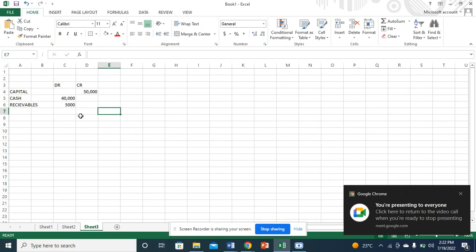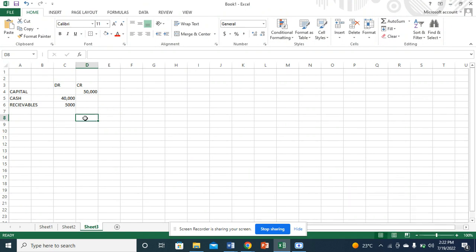Then you find when you tally it up, on your credit side it's 50,000 and on this side it is 45,000. If you've done all your journal entries, you make your trial balance, and you find that one side is 50,000 and the other side is 45,000.